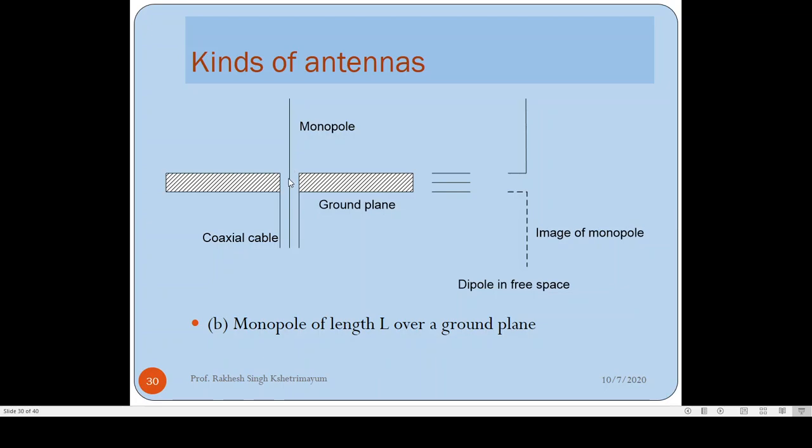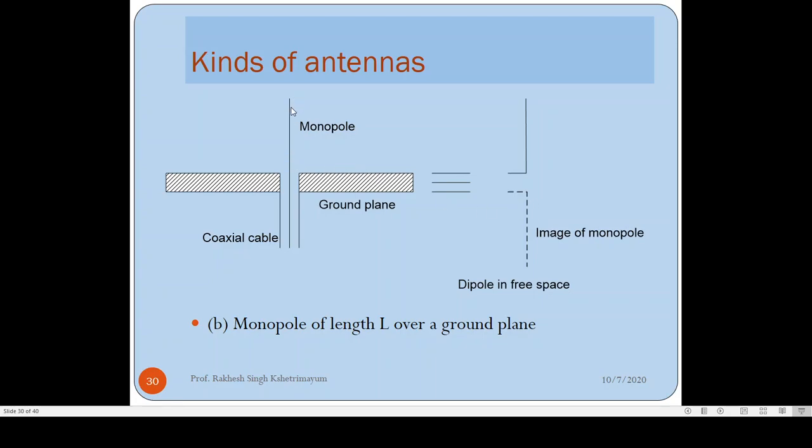Now from image theory, whenever you have a current flowing in this monopole antenna in this direction, you can have another image of it. In image theory, you remove the ground plane, and the effect of the boundary condition of this ground plane of the original problem can be satisfied by replacing it with an image current density.